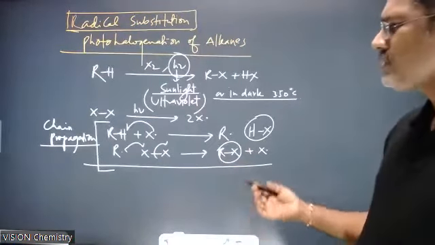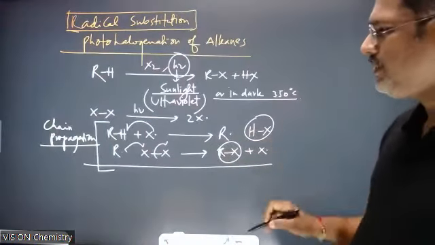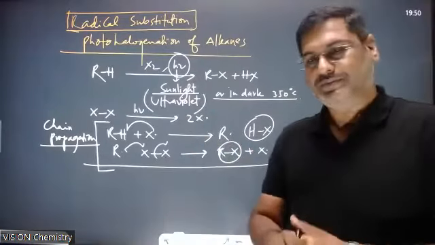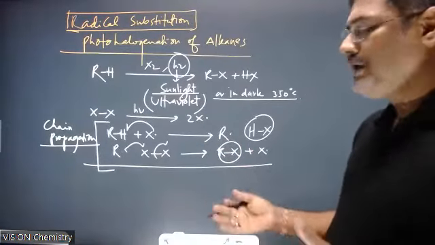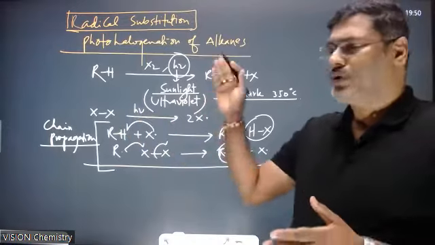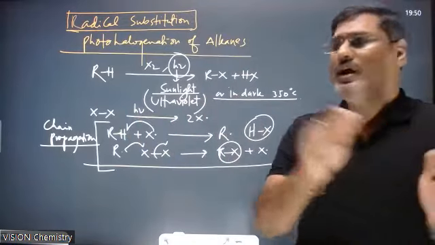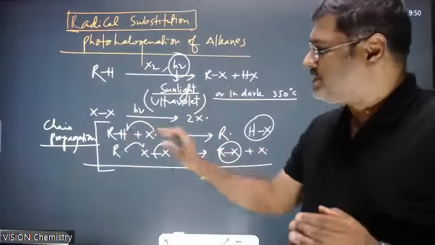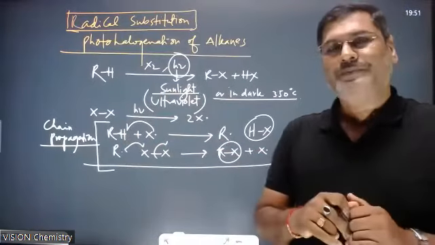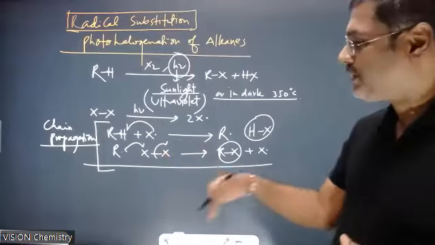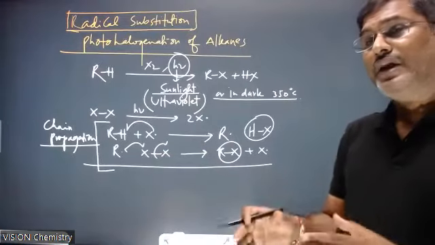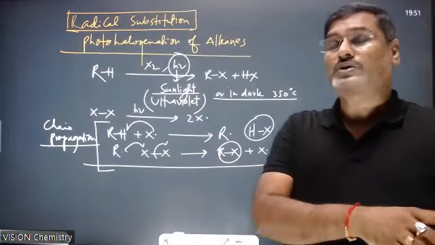In this process, if by mistake or for some reason, as the reaction goes on, the concentration of RH and X2 keeps on decreasing, then the nature of the reaction also keeps on changing.